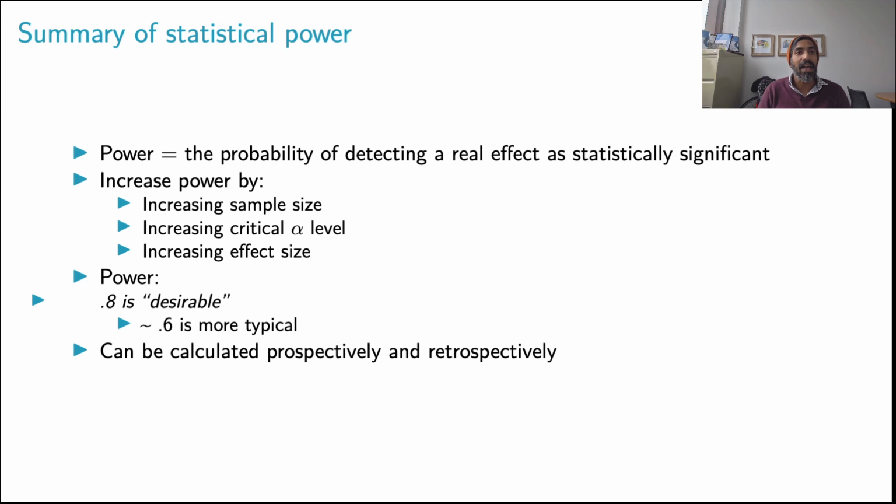You can increase power by increasing the sample size, increasing critical alpha level, or increasing the effect size. But the effect is what it is as well. So it's just theoretically thinking about the factors that influence power. So power at 0.8 is desirable, 0.6 is more typical, and can be calculated prospectively and retrospectively.